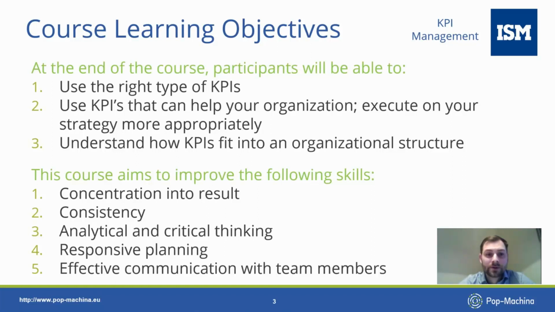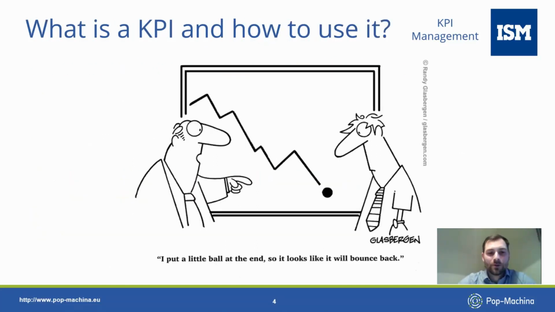With this course, I hope you improve concentration on result, consistency, analytical and critical thinking, responsive planning, and of course effective communication with team members. I put this at the end, but I think that it is the main crucial point, effective communication with team members.